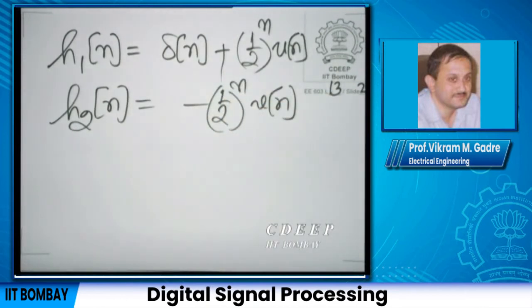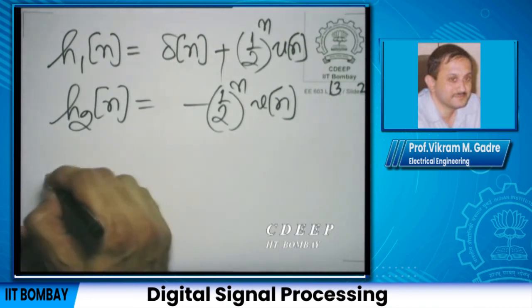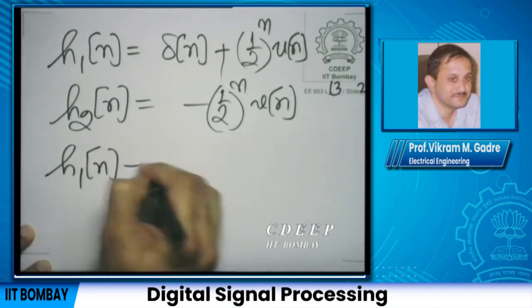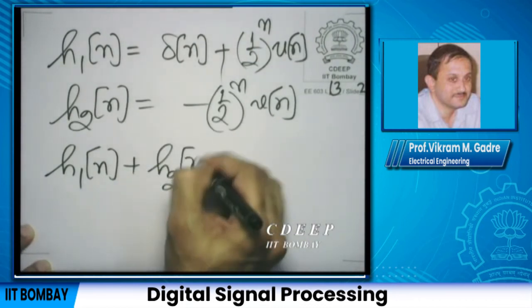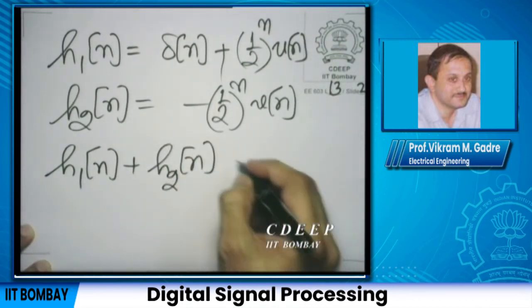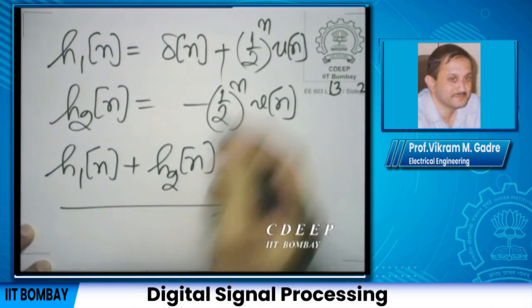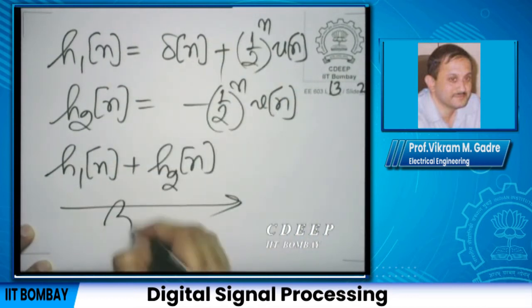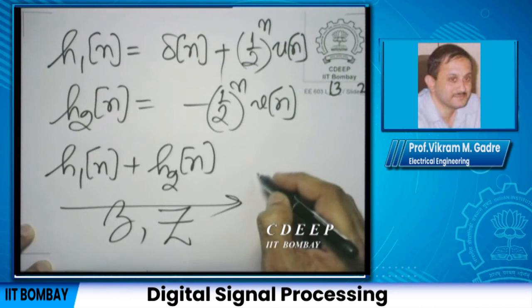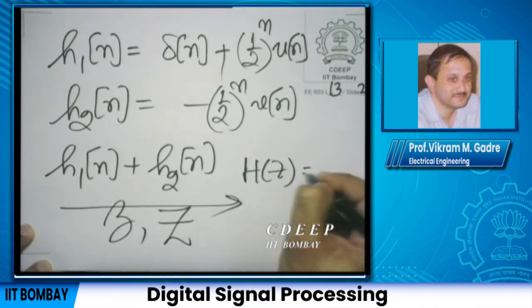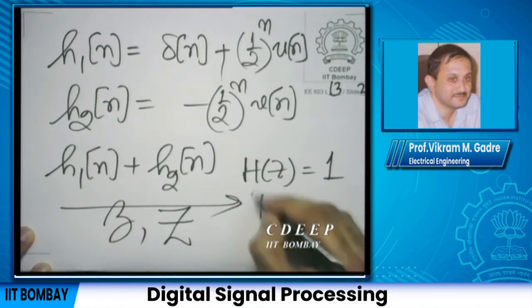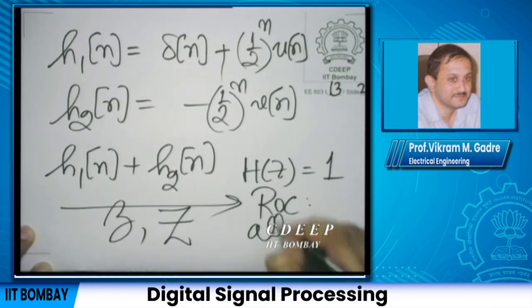It is very easy to see that h1[n] plus h2[n] has a Z transform which is essentially the Z transform of delta[n], and that is 1 for all z, so the region of convergence is all z.